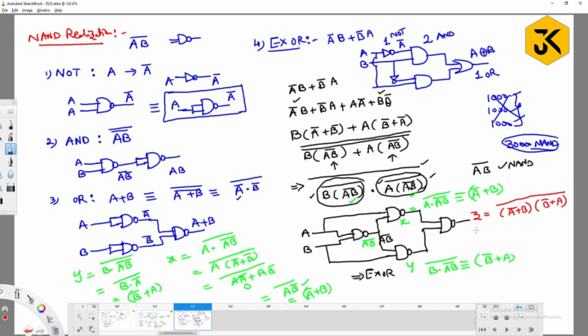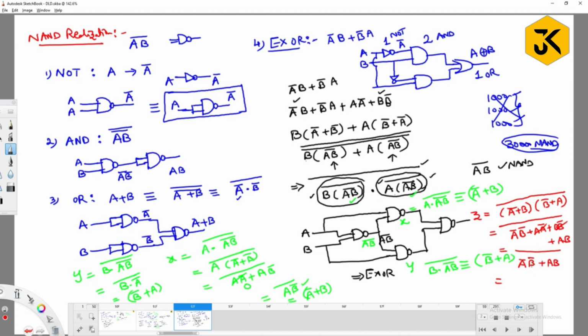If you try to do this, again do the transitive property, you will get A bar B bar plus A bar plus BB bar plus AB plus AB. If you observe this, these two will be 0. So complement of A bar B bar plus AB. So for this, what you can do?